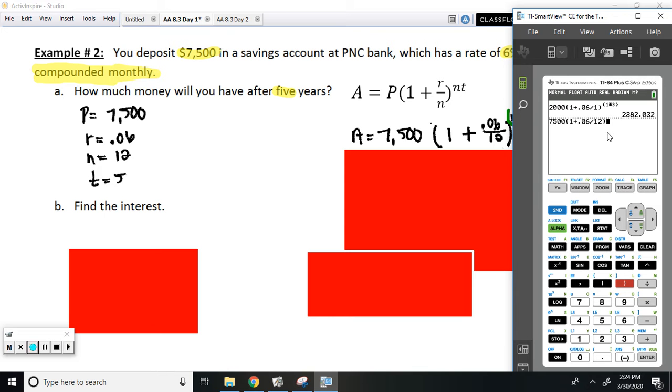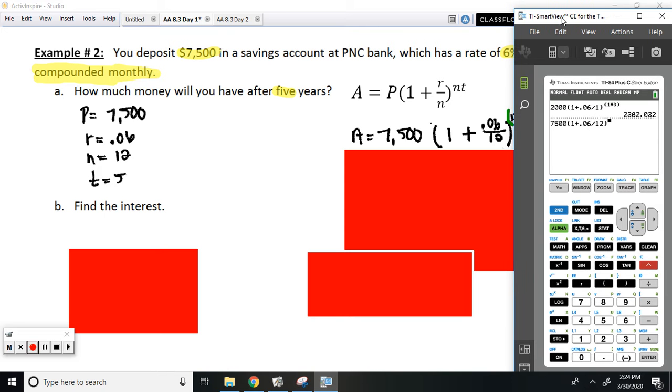Be sure to close your parenthesis before you put your caret button. And then in my exponent, I should have 12 times 5. I don't really need these parentheses because I have the newer calculator, but I'm just showing them in case you have the older calculator.